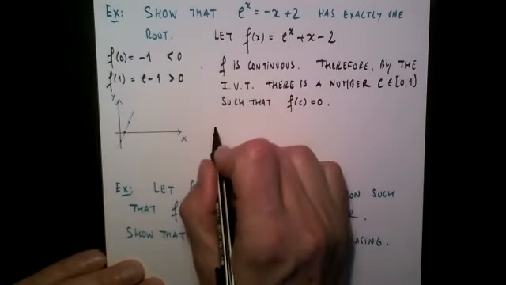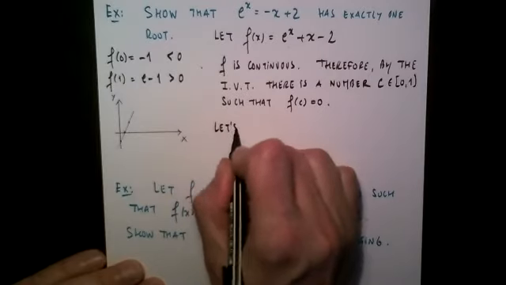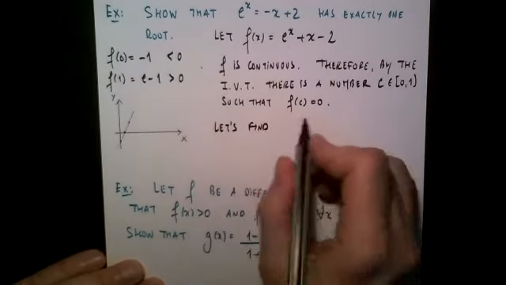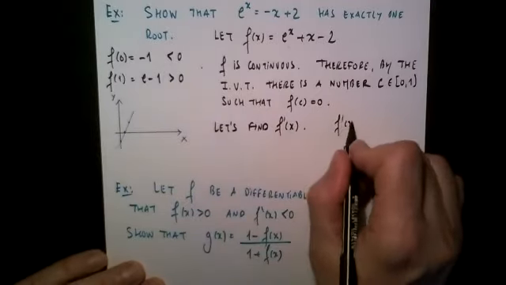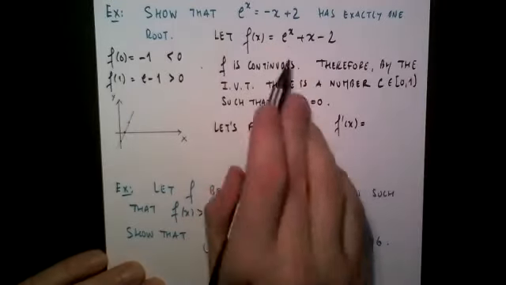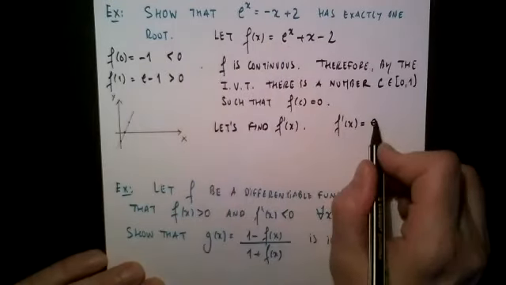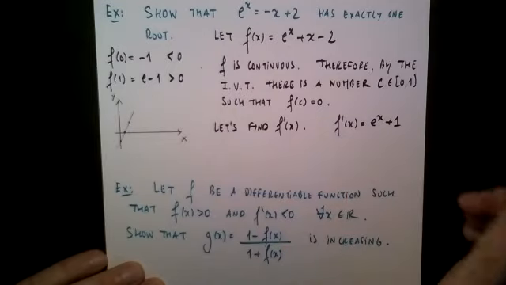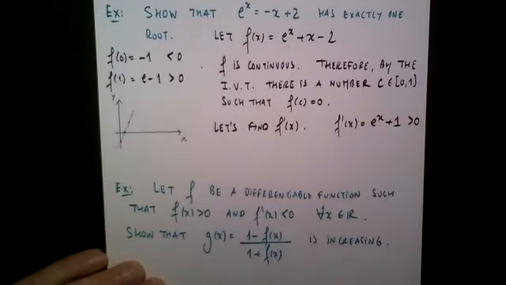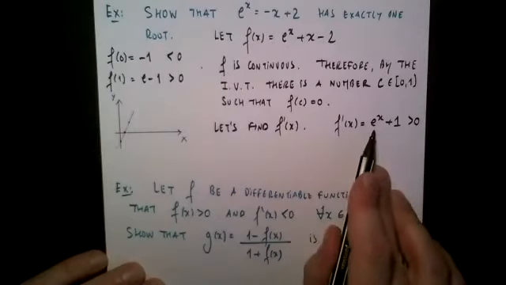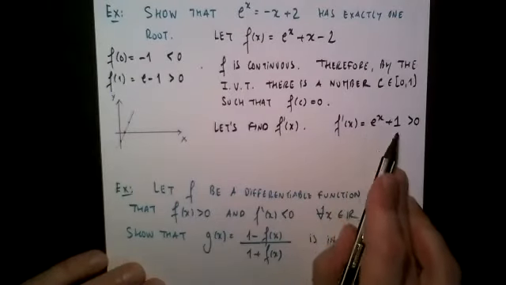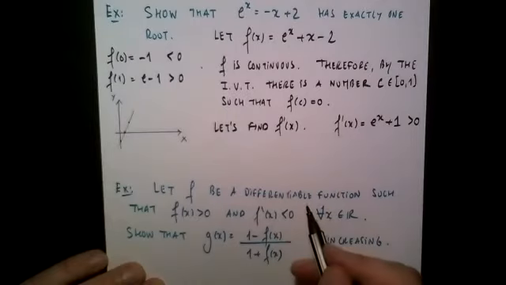So let's find f prime of x. Okay, so f prime of x, the derivative of f, is just e to the x plus 1, which is definitely positive. Okay, e to the anything is always a positive number, plus 1, well, that remains positive.